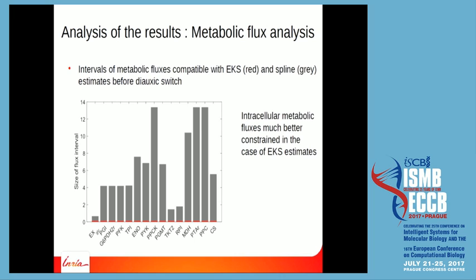And essentially what we see in these bars is that the uncertainty in internal flux estimates that we get from our estimate of the external rates is much better constrained in the case of our algorithm, which is reflected in these very narrow red bars at the bottom, compared to the corresponding analysis on standard splining procedures, the gray boxes. So with this I am done.